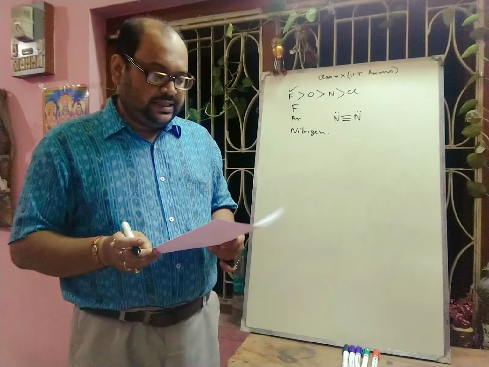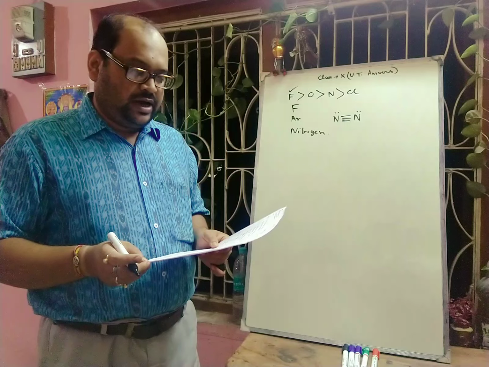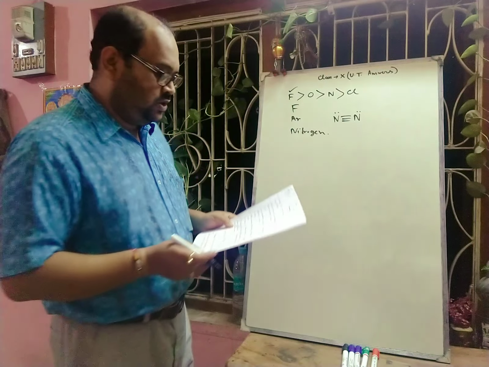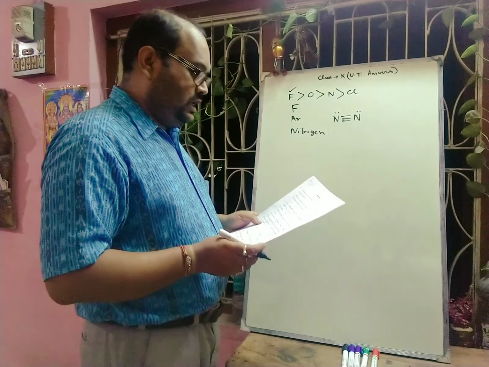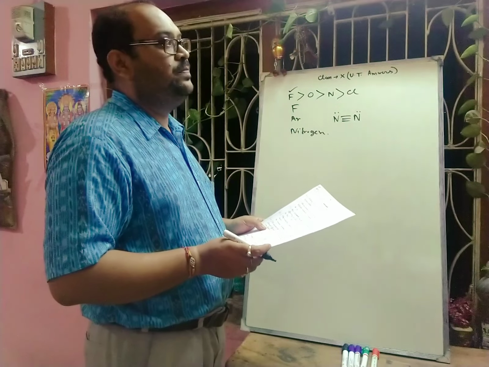Next question: element X of group 15 combines with element Y of group 16. The resulting compound may have the formula. In case of group 15, what will be the valency? You should know.